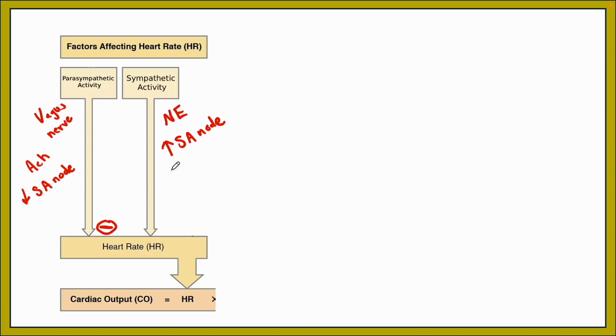This is generally your stress, exercise, innervation that's going to predominate. It can also be the result of hypotension. So if parasympathetic activity is the brakes, then the sympathetic activity is going to be the accelerator for the heart.